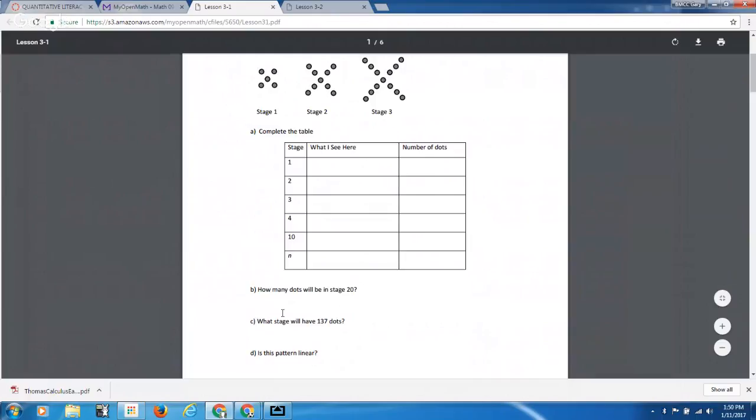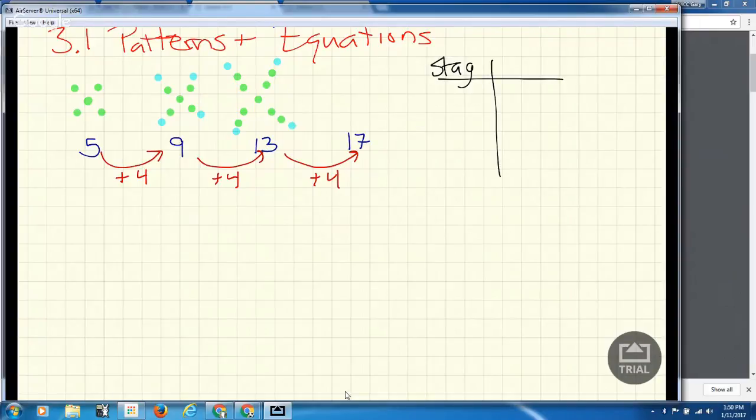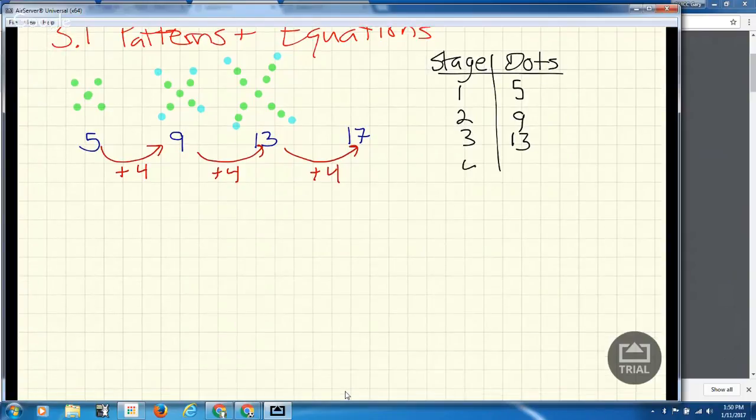So putting that over here, let's make a table where we have the stage versus the dots. And so we have the first stage has 5 dots, and the second stage has 9 dots, and the third stage has 13 dots, and the fourth stage has 17 dots.